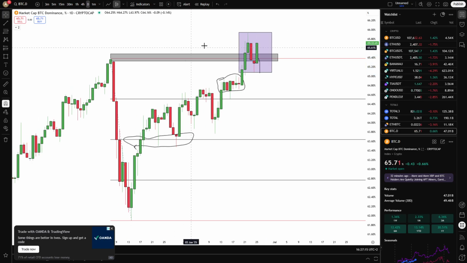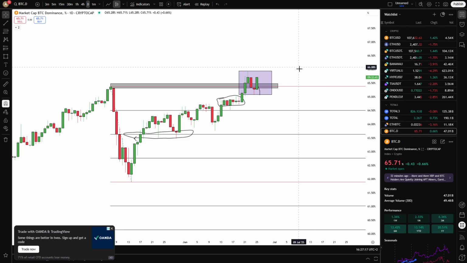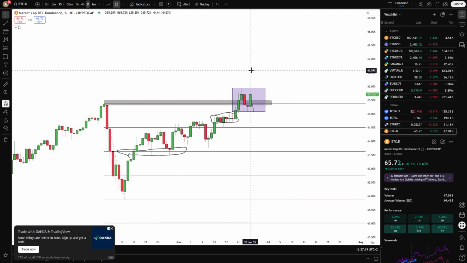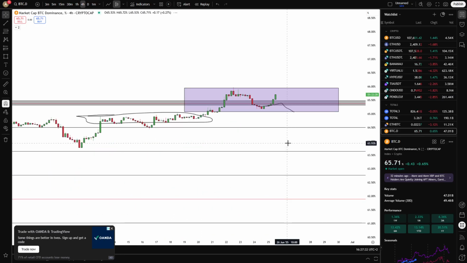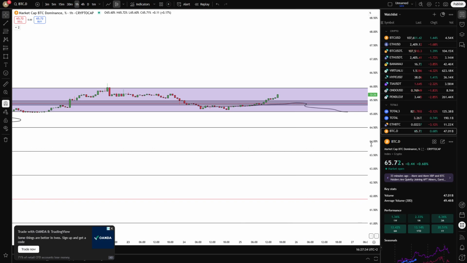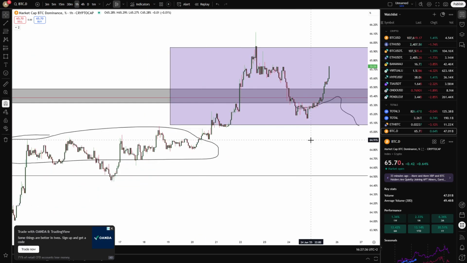And if you manage to break up from this, alts should have a little bit more bleed, and I think only the strong pairs should move well, while BTC just does its thing. So until this really finds acceptance back below this, I am not really that bullish on alts for those lower time frames, and BTC just proves that it is still king.